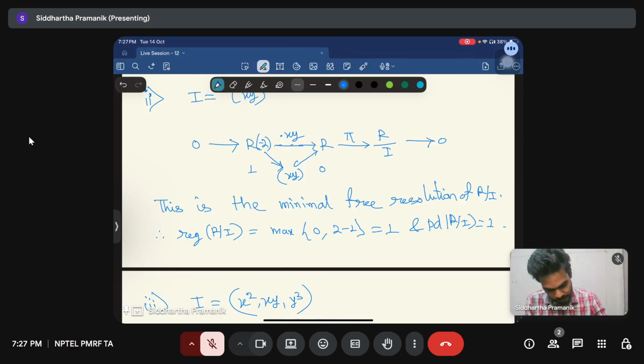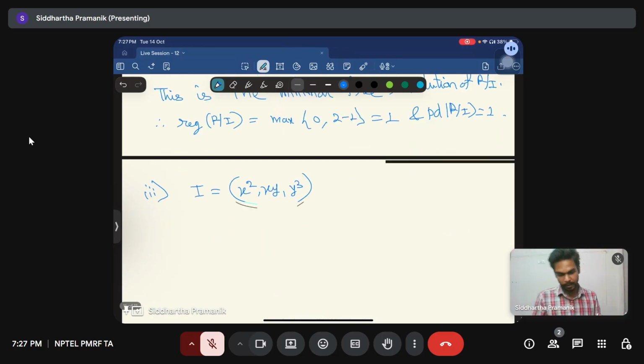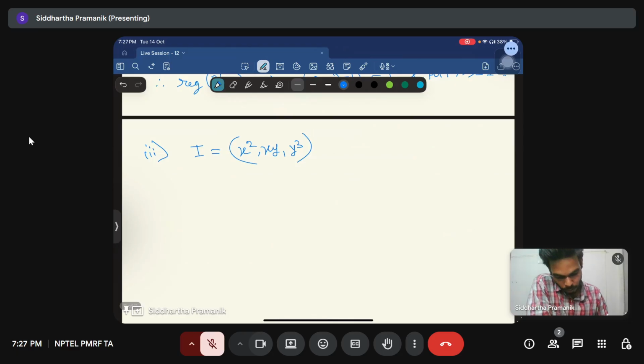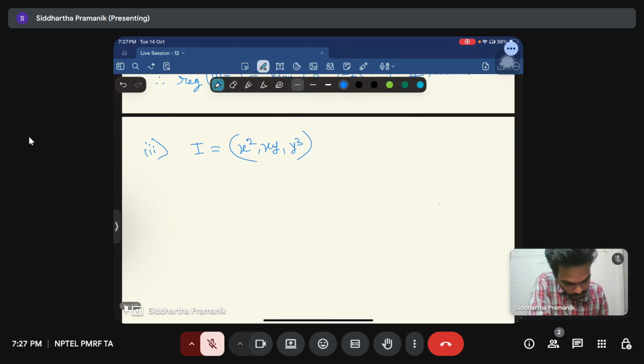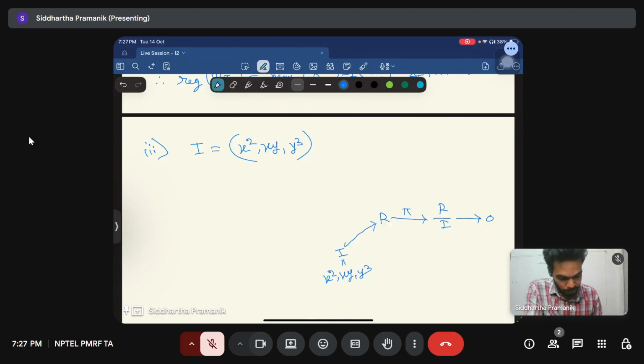So for this ideal, we have already found the minimal resolution in the previous class. So how have we done it? So again, let's take R mod I. So let's surject it from R, take the natural map. So the kernel is I, which is basically x square, xy, y cube. Then again inject it. Now we have 3 elements. So we need 3 R, direct sum R, direct sum R.